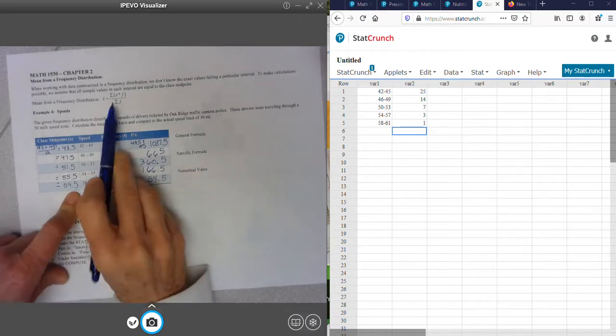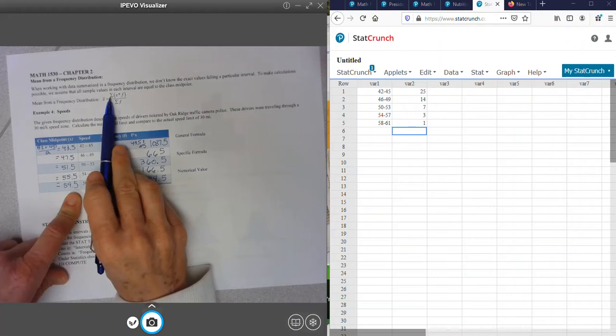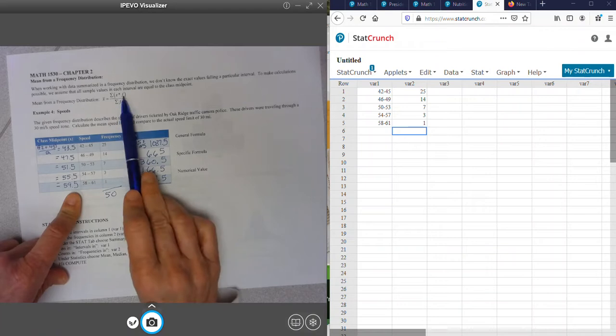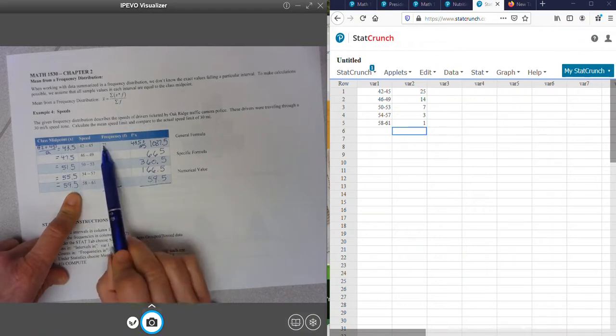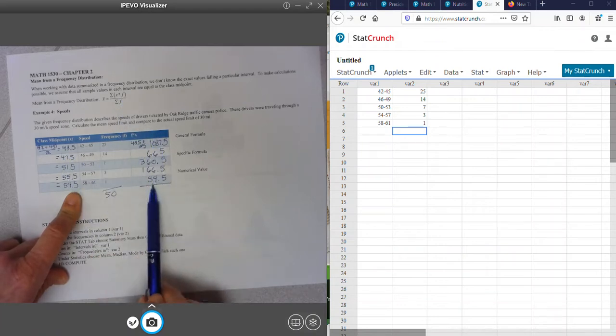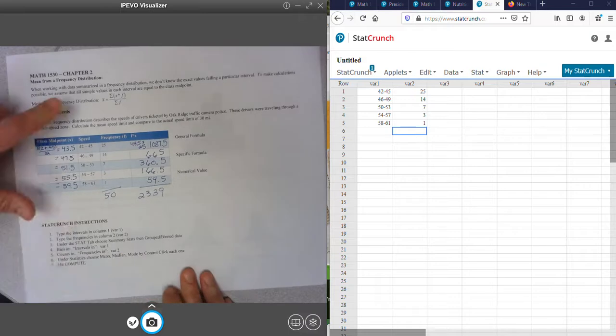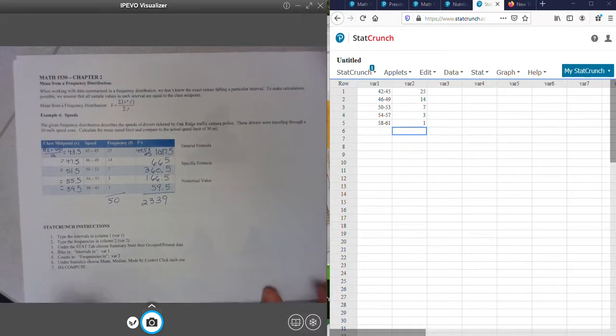Now, the summation symbol here just means let's add up, let's sum up all of our x times f. So x times f is this value. We're going to add all these up, and if we total that, we get 2,339. So we have everything we need to use the formula.